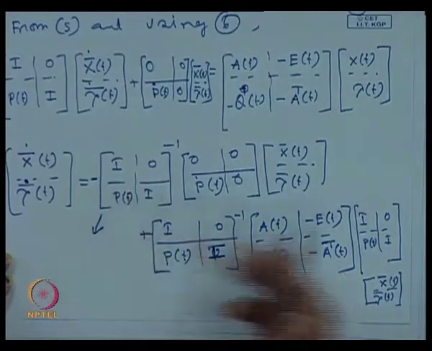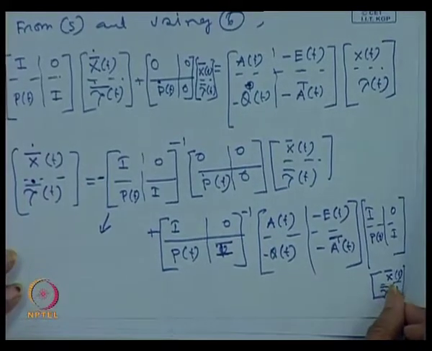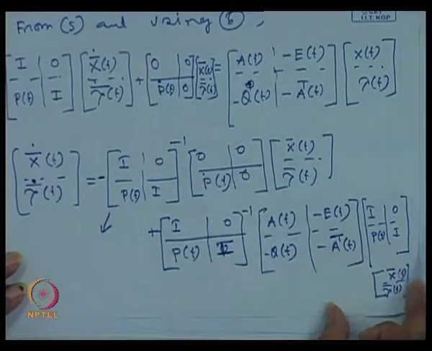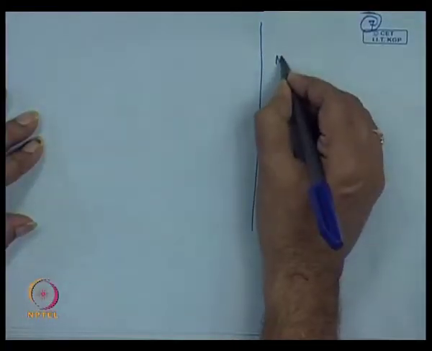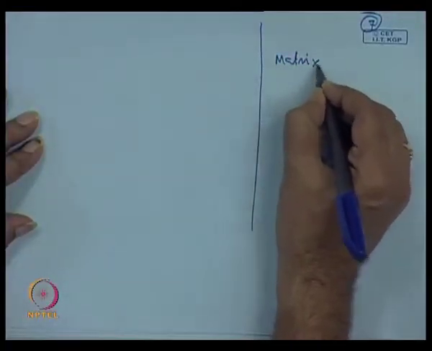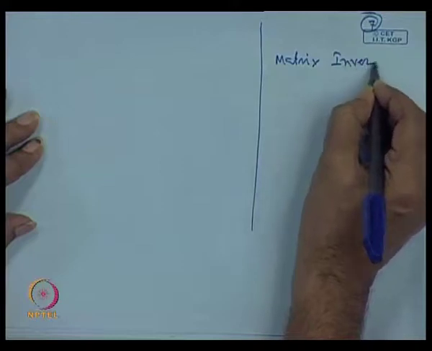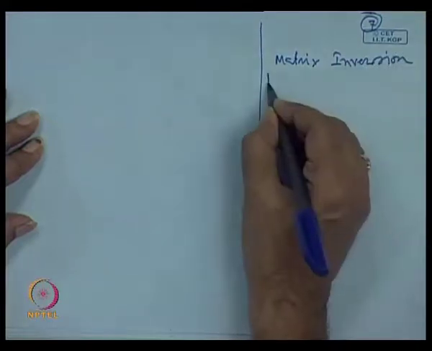So, this inversion exists. So, now using what is called the matrix inversion lemma, one can get these values this way. What is the matrix inversion lemma? I am just writing it here: matrix inversion lemma.